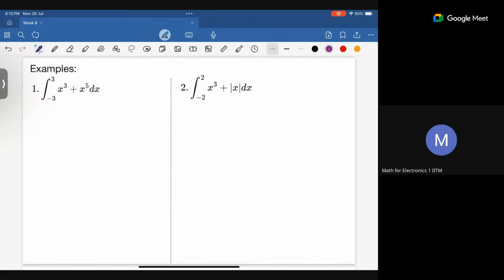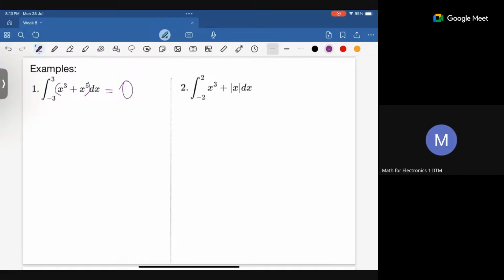Here I have given the integral from -3 to +3 of x cube plus x power 5 dx. Even if you don't know the integral of x dx from some point A to B, we can do this first problem. How? What is the answer to this? 0. Yes, sir, it's straight away 0.